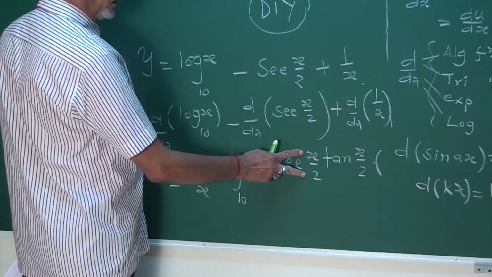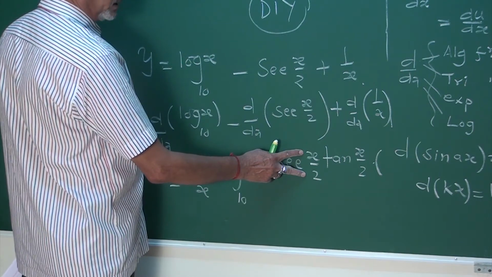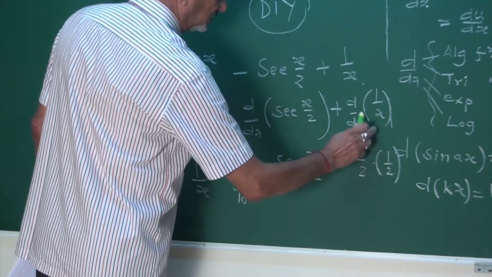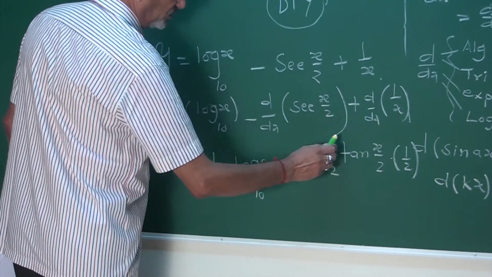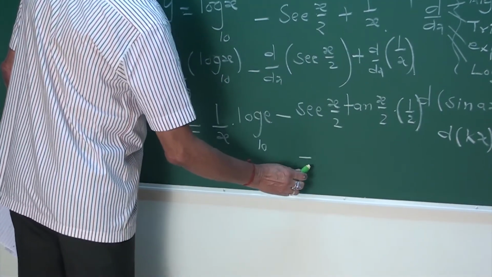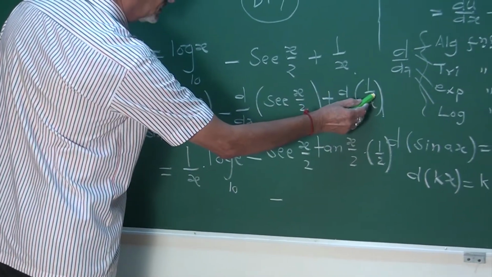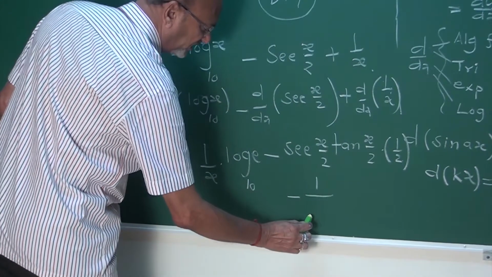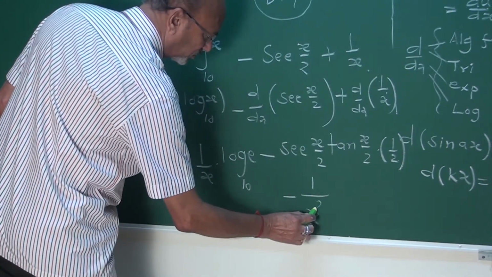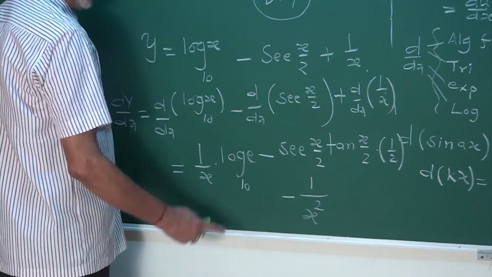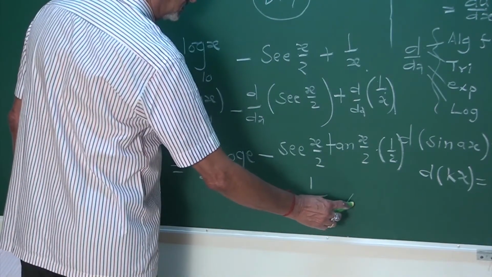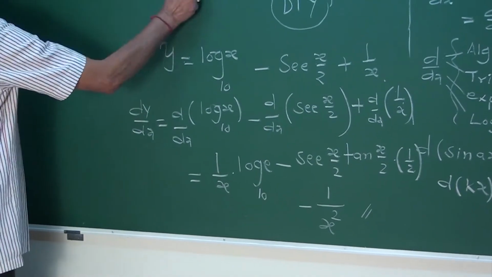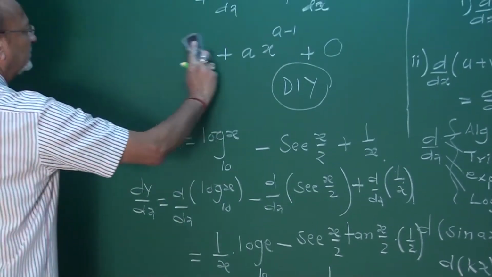What is k? 1 by 2. What is the derivative of kx? k, what is k? 1 by 2. That you must write here. What about this? Down, denominator means sign changes, minus. This one with this one, my friend, 1 into 1 is 1. Denominator means 1 more: x to the power 1 plus 1, x square. This is the answer for this derivative, my friends. Yes, these two you do.